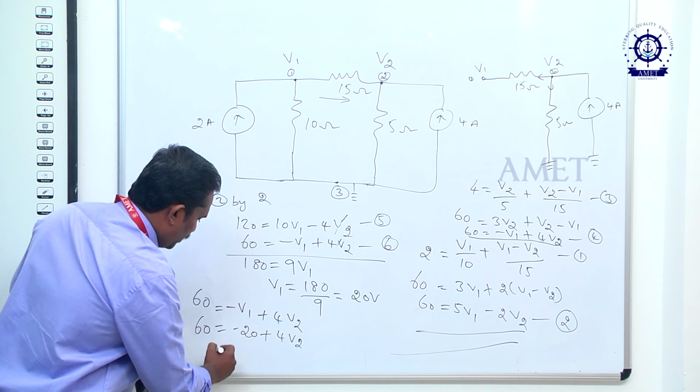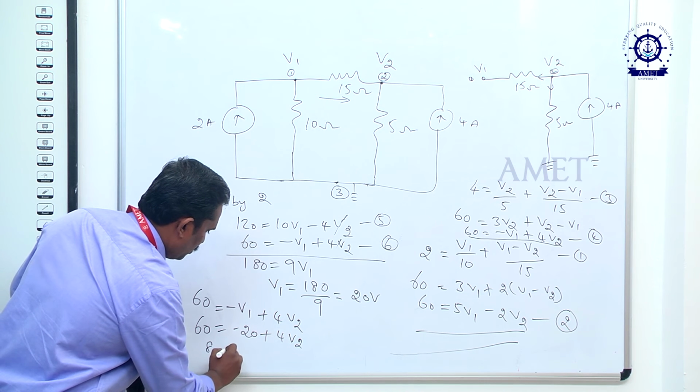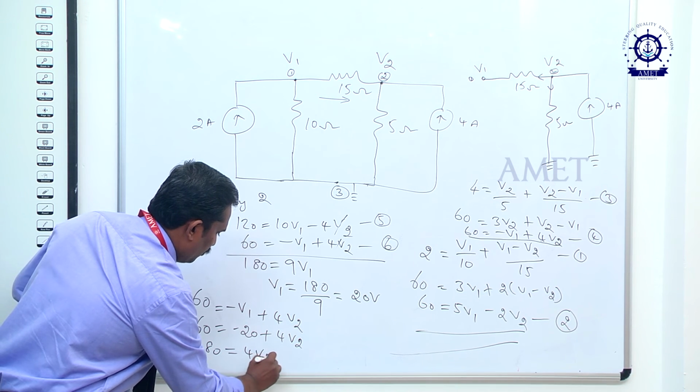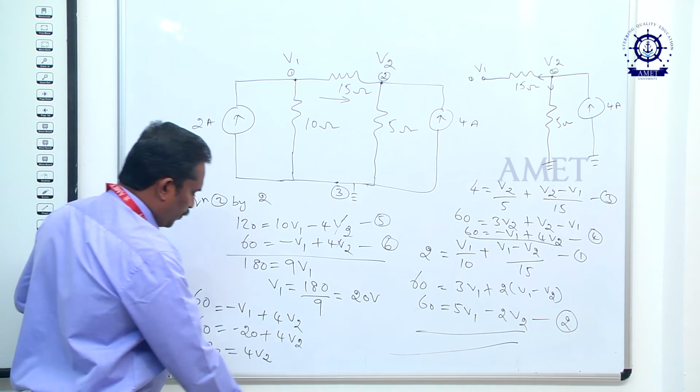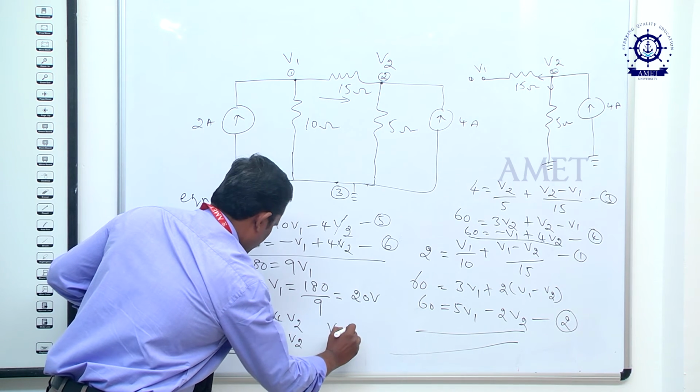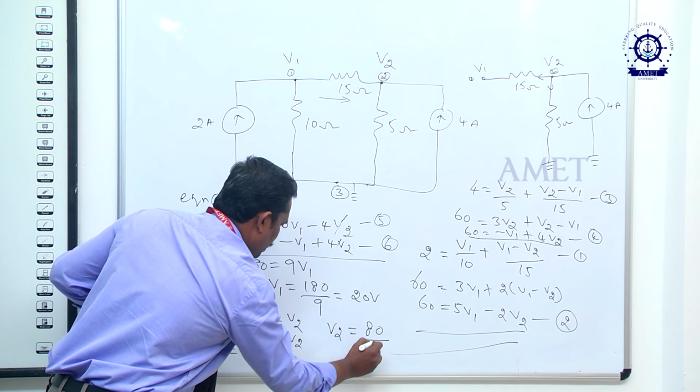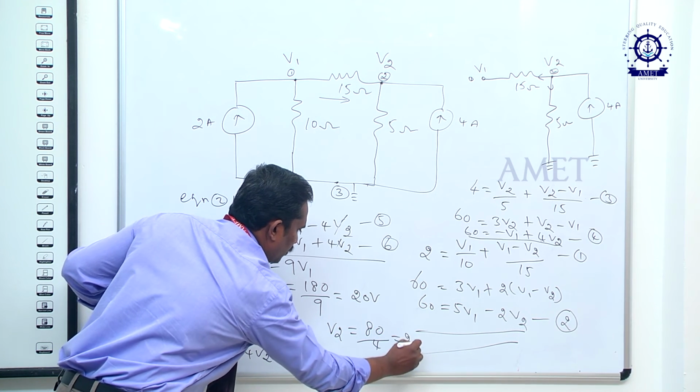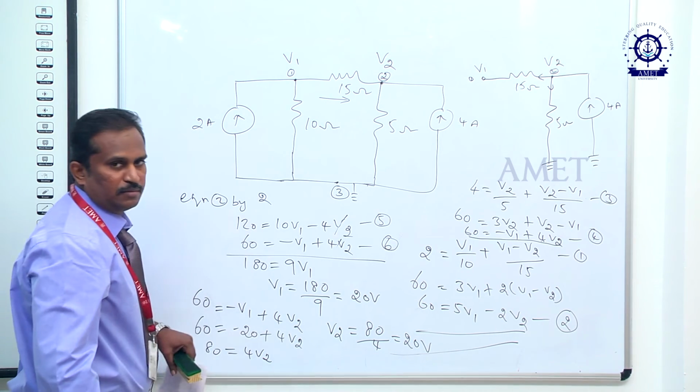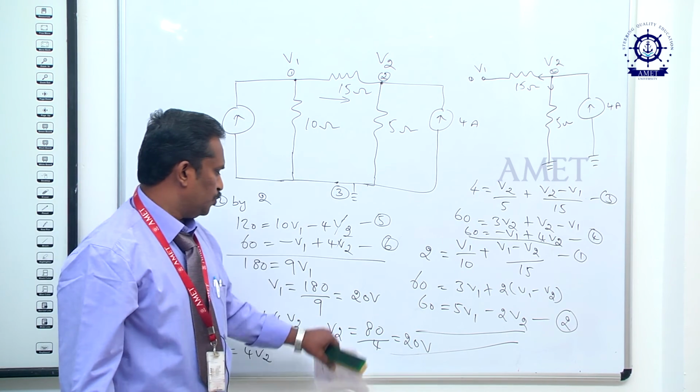If you bring 20 to this side, it becomes 80, which equals 4 V2. By solving this, V2 equals 80 by 4, so you get 20 volts. So V2 equals 20.